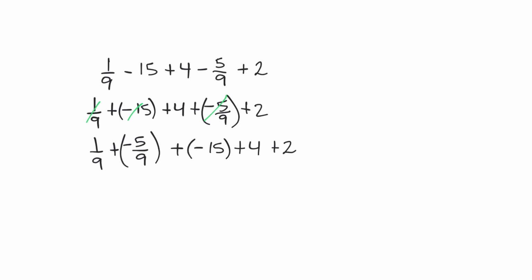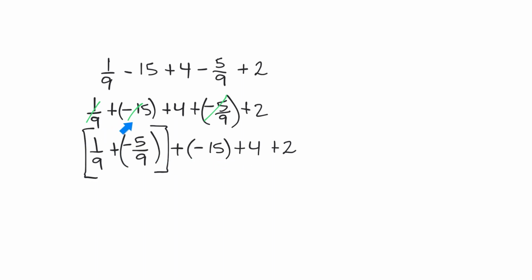Now I can call the associative property if I need to by saying, okay, I'll put these in brackets. The brackets work the same as parentheses. Usually you don't put parentheses next to parentheses. If you have parentheses, then you put brackets there, but they work the same way. So the associative property says, hey, you can put these grouping symbols anywhere you want as long as you're adding everything.